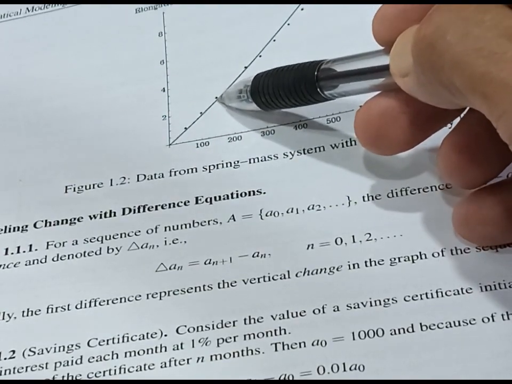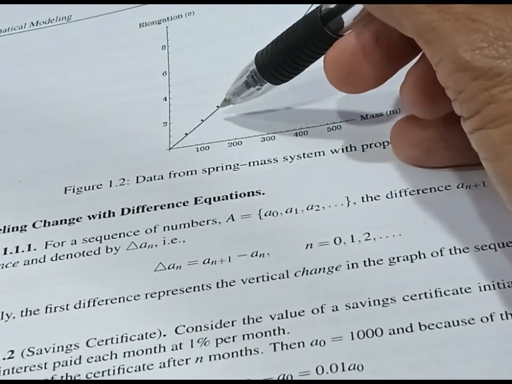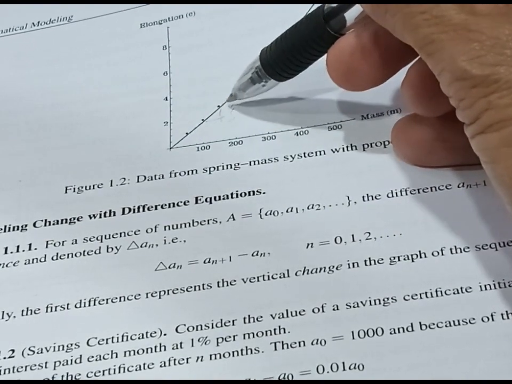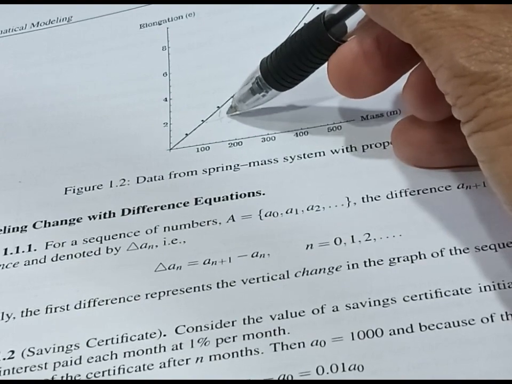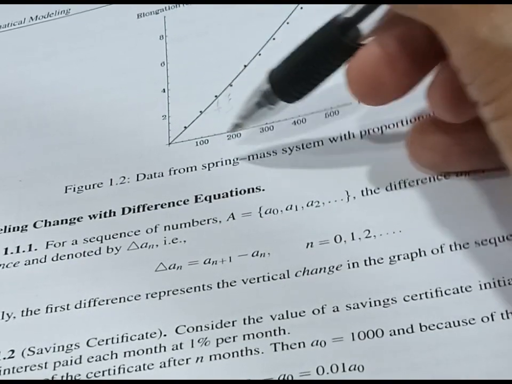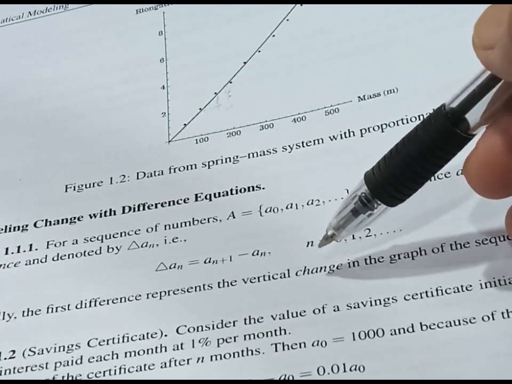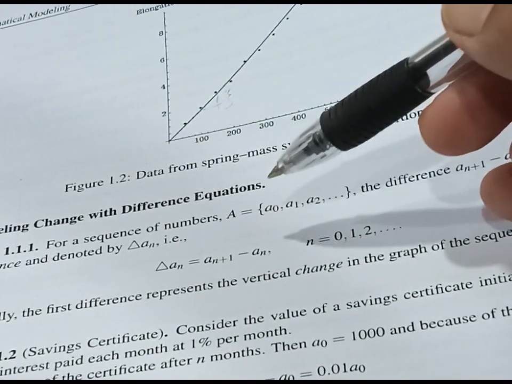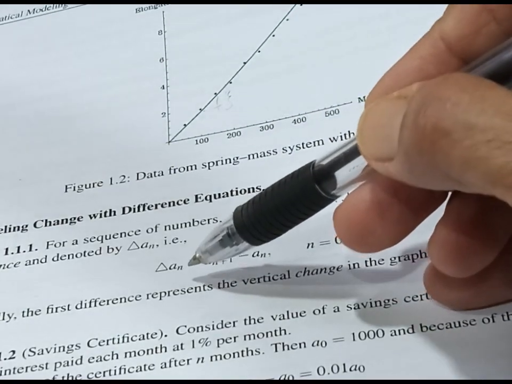So the vertical change is y2 minus y1. The difference between y2 and y1 is the vertical change in the graph. So the vertical change would be delta a_n.